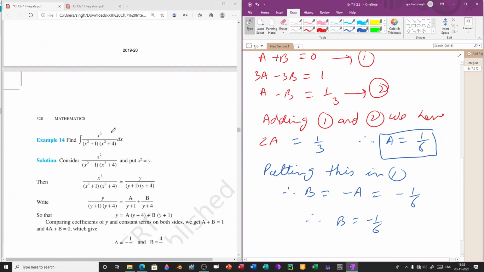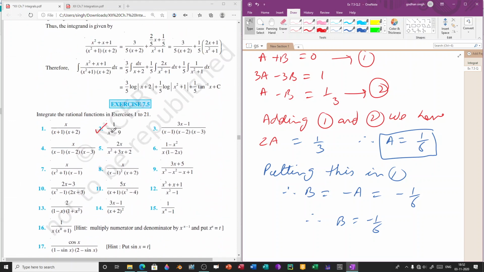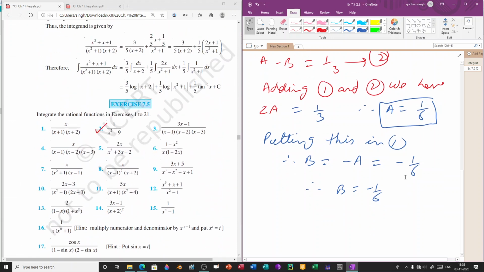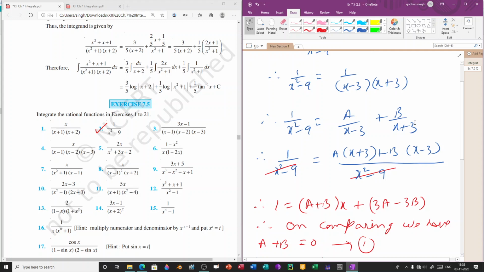So we will be integrating question number 2. Here we have the integration of 1 by x square minus 9 dx. How we have done the partial fraction, let us go back: a over (x - 3) plus b over (x + 3).